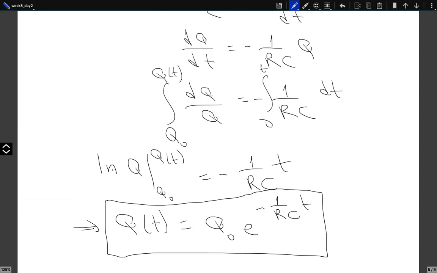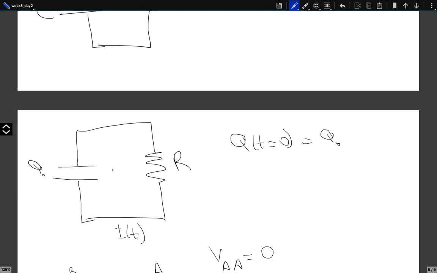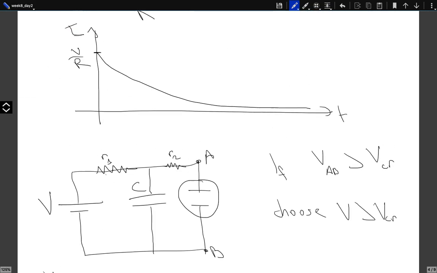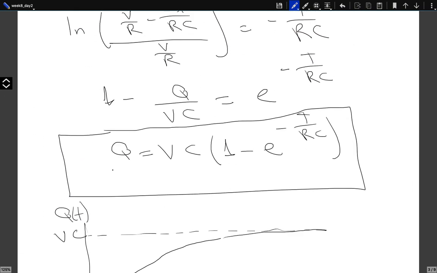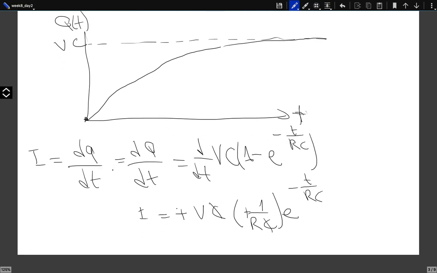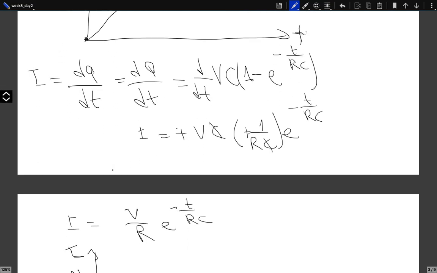And when we were charging the capacitor, the charge was given with such an expression. Here we have exactly the same exponential, in fact. And if you look at the current as a function of time, exactly the same exponential appears all the time, e to the power minus t over RC.